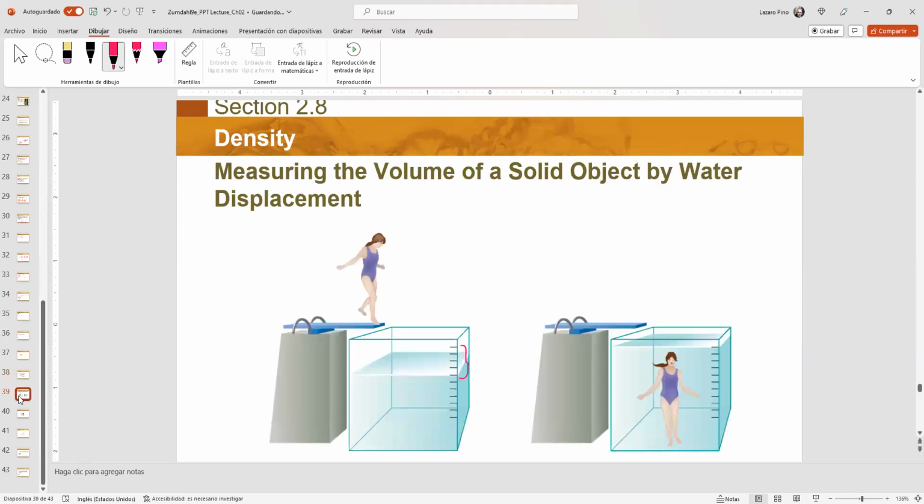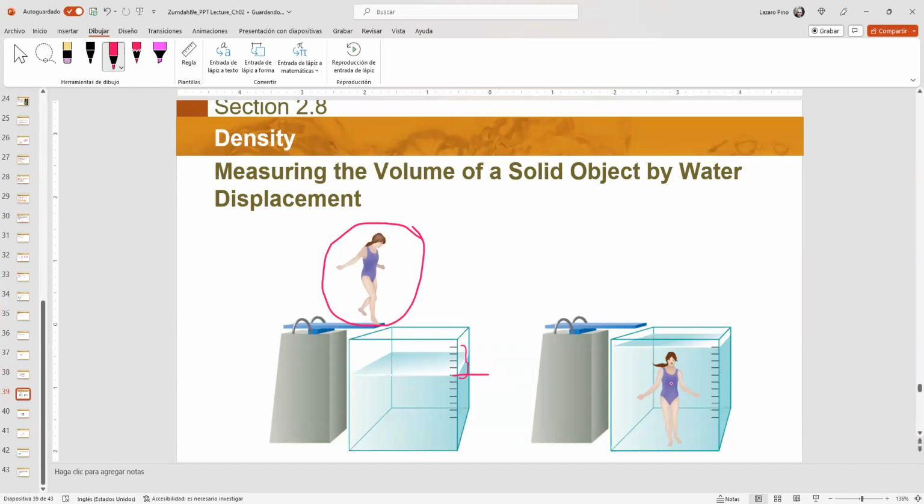For example, if you want to measure the volume or the density of a solid body, what you have to do is to introduce the solid body into an amount of water. In this case, is this one.